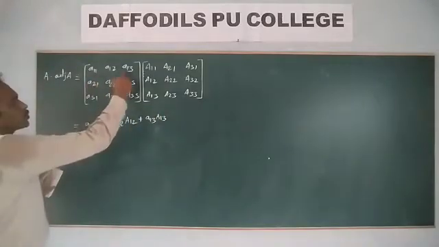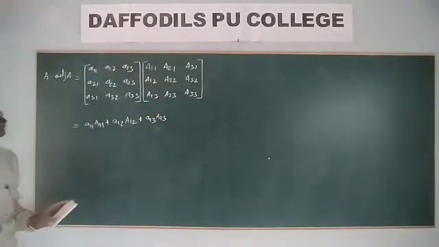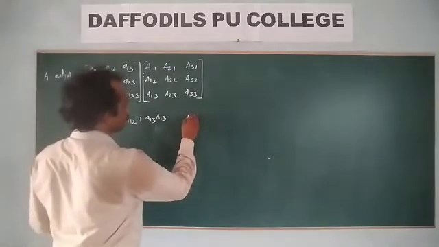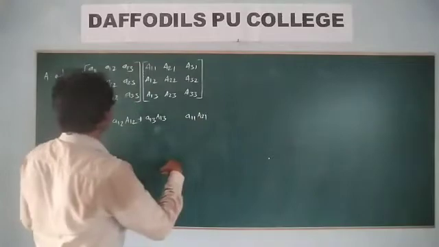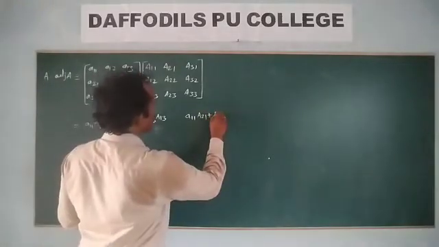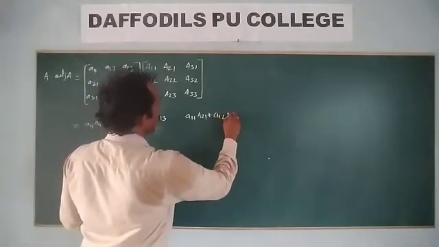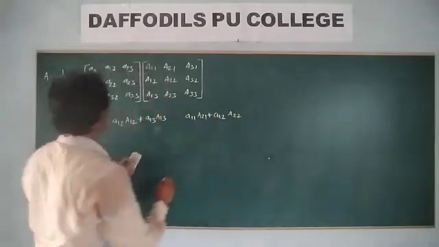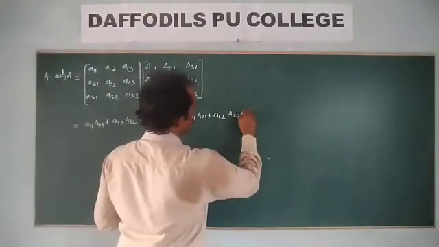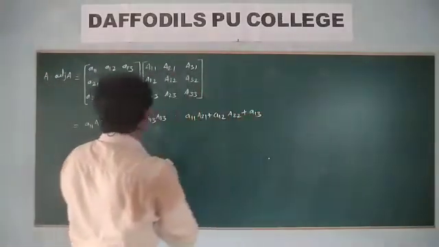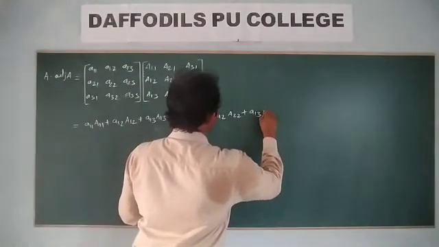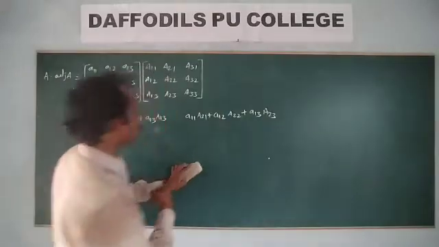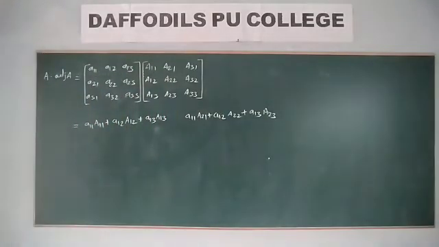Second element. First row, second column: A11 A21 plus A12 A22 plus A13 A23.